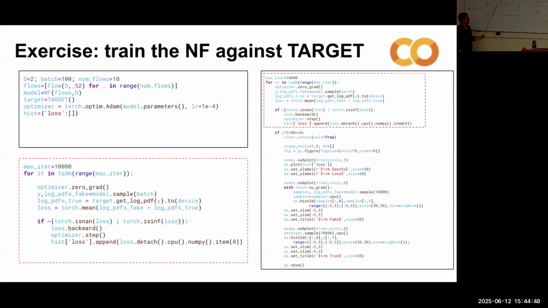Yeah. Each flow has its own S and T neural nets. And for each point in the batch, each one of the 100, do you get new weights? No, you don't. It would be the same weights and biases in the neural net.